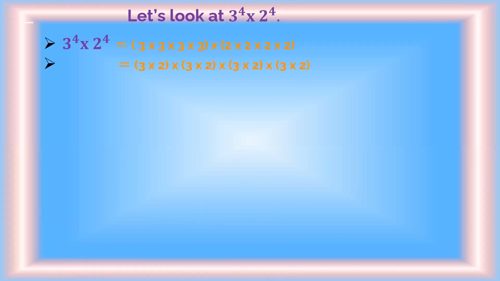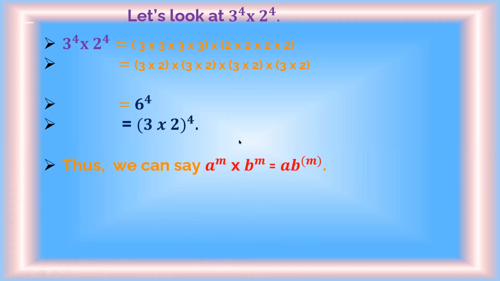Now you can group the 3 and 2, taking the first 3 and 2 from the brackets, and so on, combining them to make one bracket multiplied by itself 4 times. So then you'll get 6 raised to 4, because 3 into 2 is 6. So another law we get is any number a raised to n multiplied by b raised to n will be ab whole raised to n.